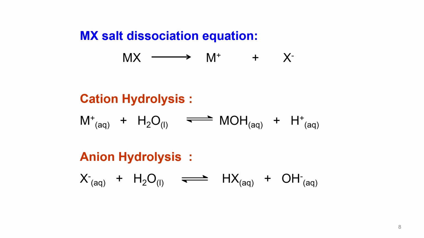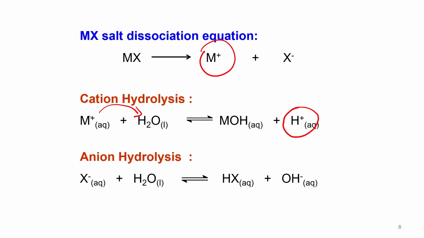For the cation hydrolysis, untuk cation M plus ni, when we add with water H2O, it will produce MOH and H plus. Dia produce H plus because dia daripada cation. Cation daripada mana tadi?